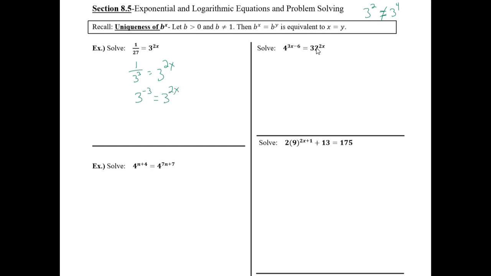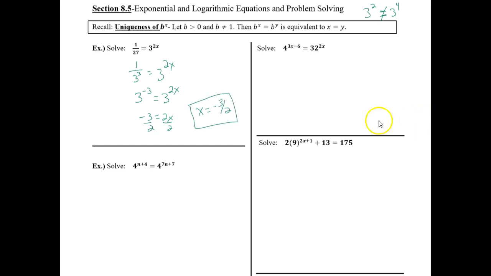And now that they have the same base, the exponents must be equal. That means that negative 3 has to equal 2x. If they're not equal, then we'd end up with something like this that can't be true. And now lastly, I need to solve for x. I'm going to divide both sides by 2, and that means that x equals negative 3 halves.